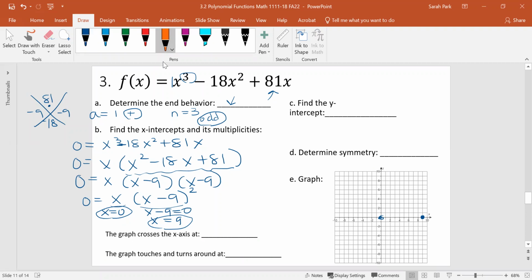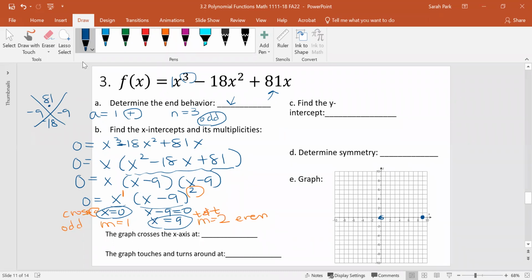Well, multiplicity of x equals 0. What's the exponent where it came from? Here we got 1, so it's odd, which means at x equals 0, it's going to cross. At x equals 9, the multiplicity is 2, and that's even. So what's happening at x equals 9? It's going to touch and turn around.